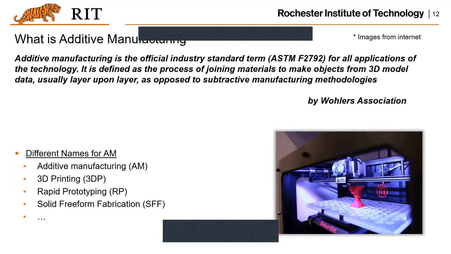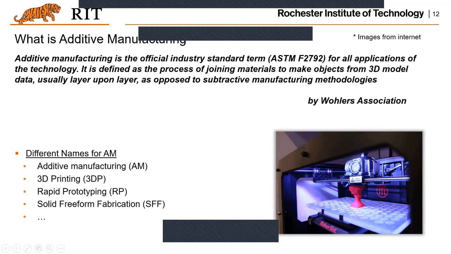And there are quite a few different names for additive manufacturing. For example, 3D printing, which is the most popular one. And in the early age, there were other names like rapid prototyping and solid freeform fabrication, which is even older compared to rapid prototyping.